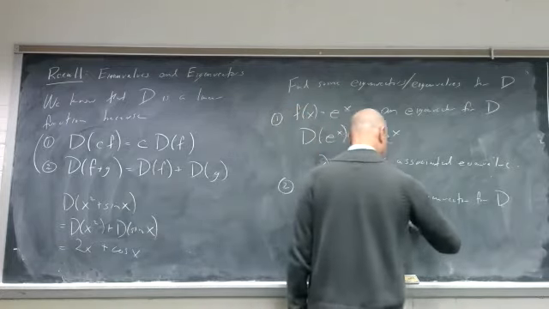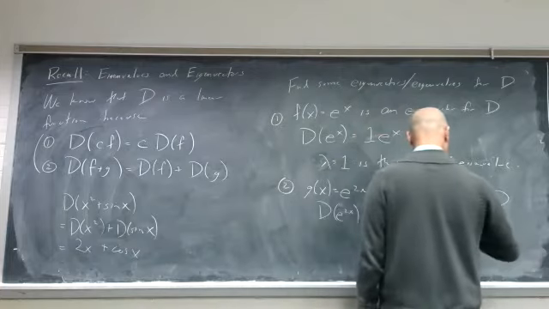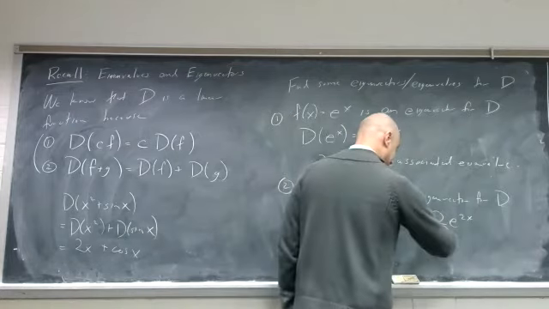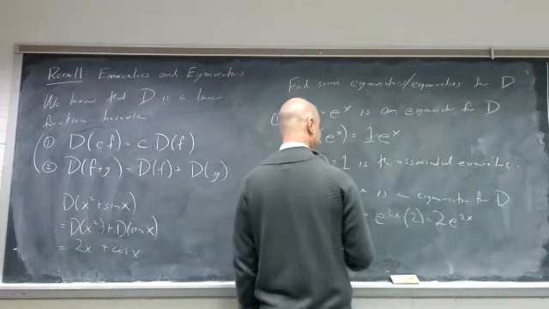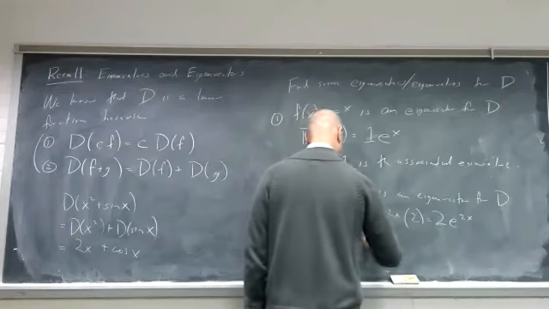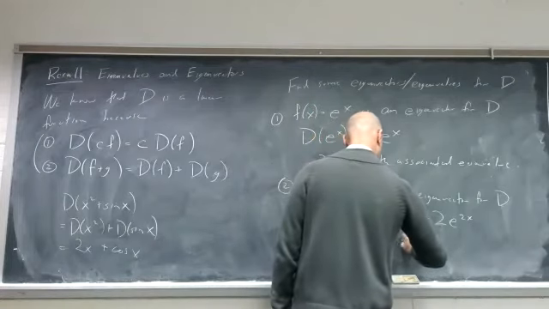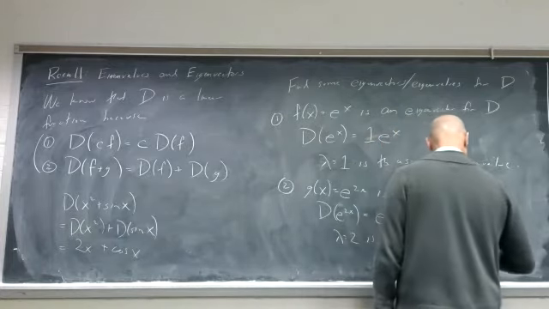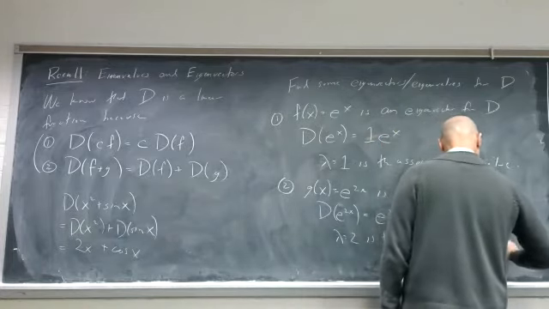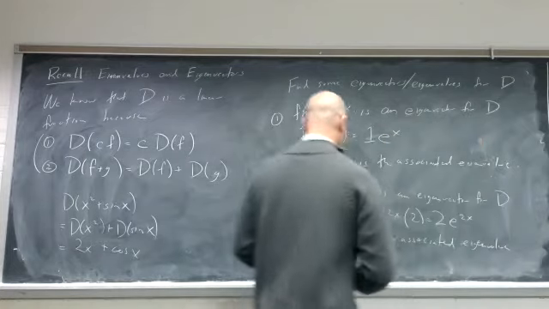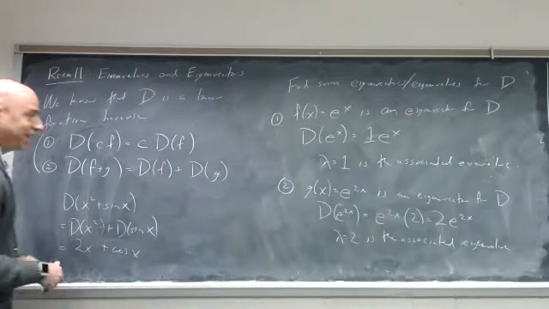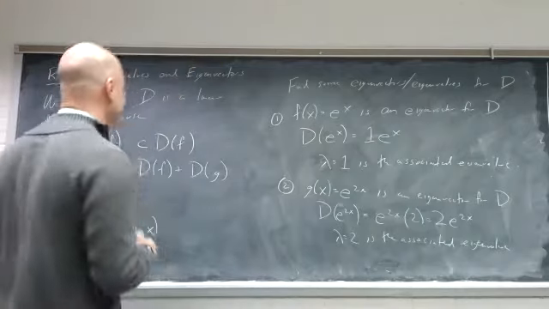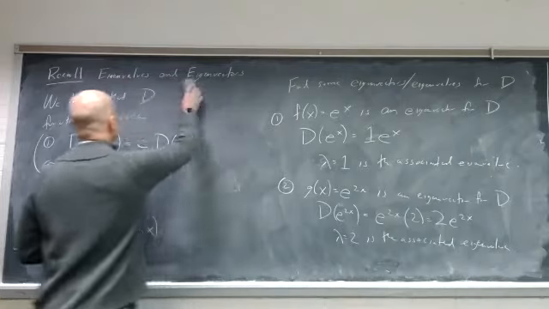Derivative of 2x is 2. So that's 2e to the 2x. Here's our eigenvalue. So lambda equals 2 is the associated eigenvalue. And at this point, I think it's probably pretty obvious to you that there are infinitely many different eigenvalues. This doesn't happen with matrices.